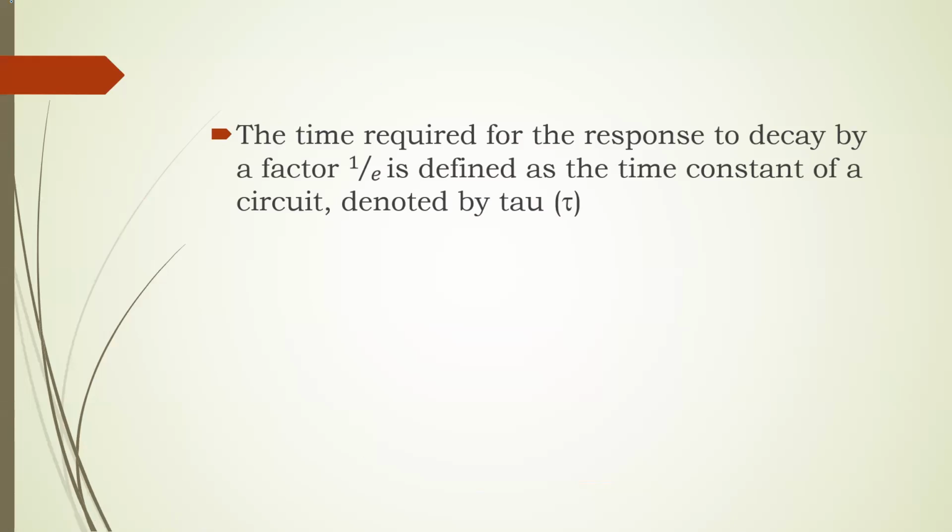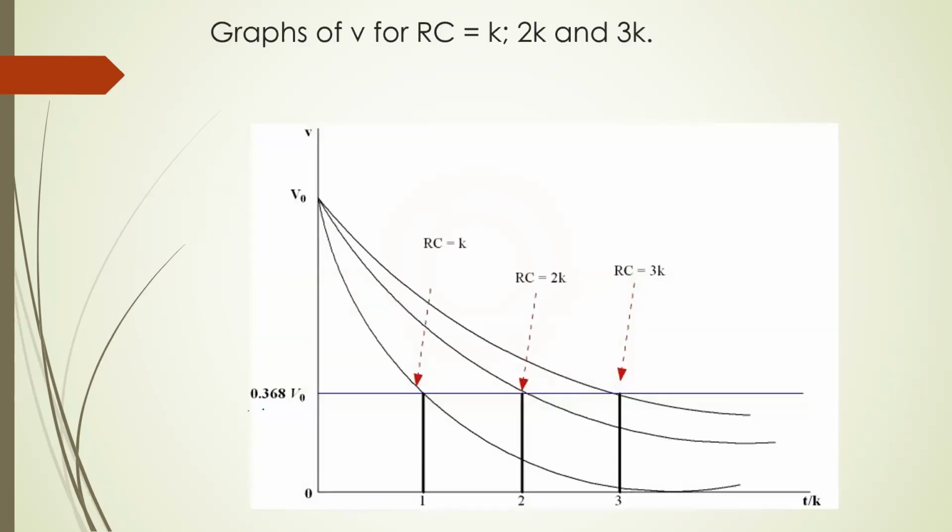Come on, folks. E to the minus 1. What's the value of 1 over E? 0.3679. Good. Look kind of familiar?